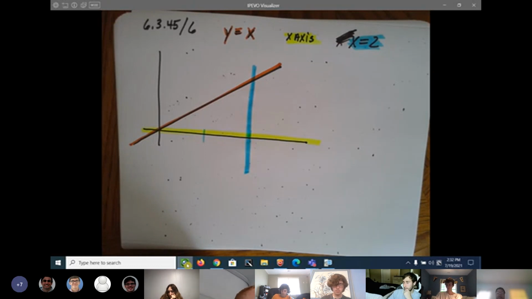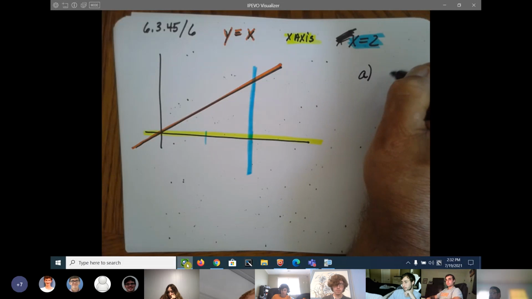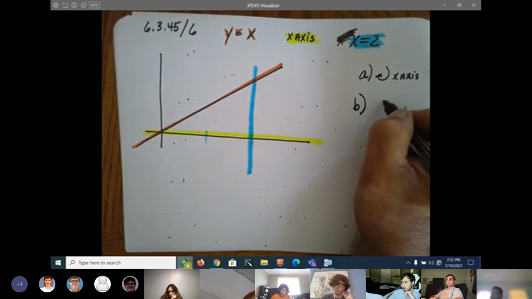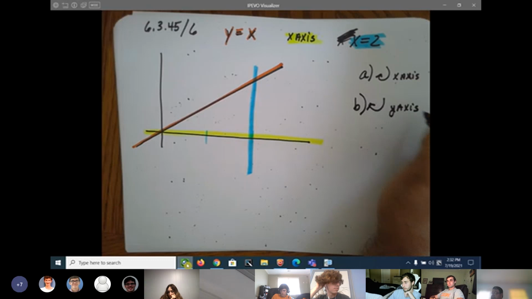So go ahead and do around the x. So A, find the volume around the x-axis. And then B, find the volume revolving around the y-axis.